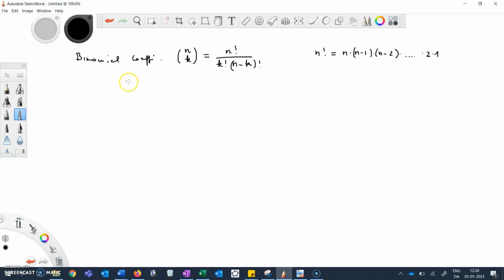Okay? So for instance, we can prove that n plus 1 factorial divided by n minus 1 factorial is equal to n times n plus 1. This will become a proof where I'm going to use an equivalence between the left-hand side and right-hand side. So I'm going to work out the left-hand side. I'm going to write that n plus 1 factorial can be written as n plus 1 times n times n minus 1 and so on.